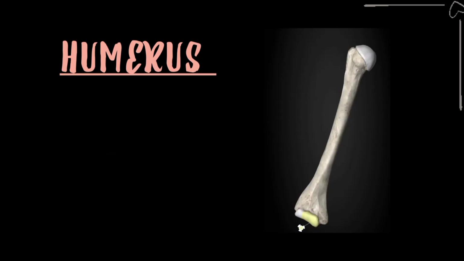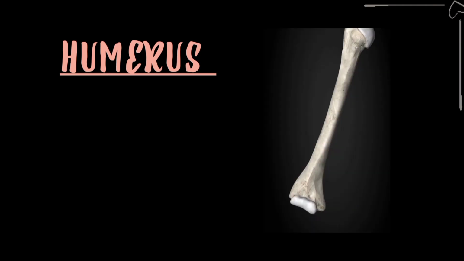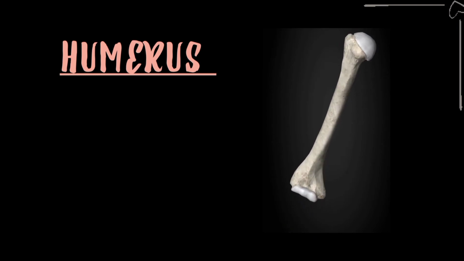Next to the capitulum, this part is called the trochlea, which is going to articulate with the head of the ulna bone. As you can see, there is some expanded area just around the capitulum and the trochlea. These are termed as the epicondyles of the humerus bone.